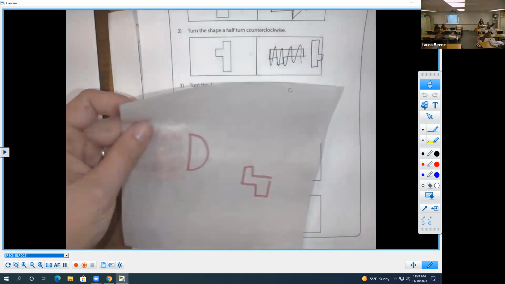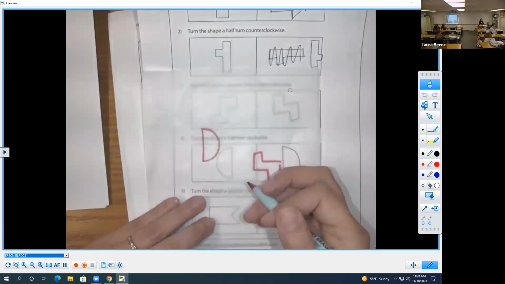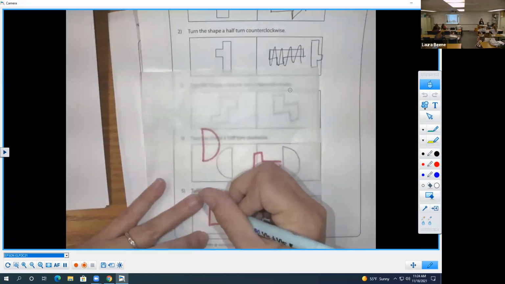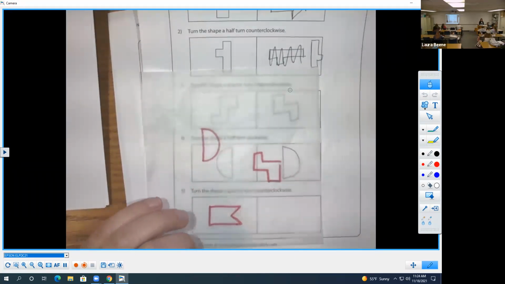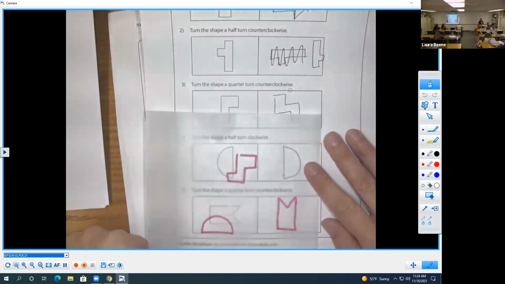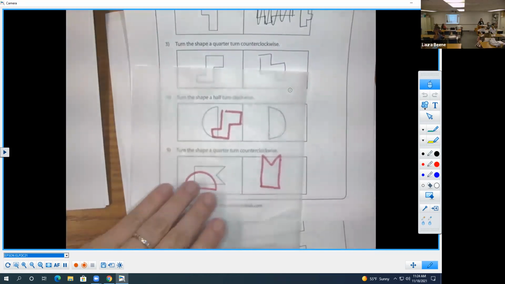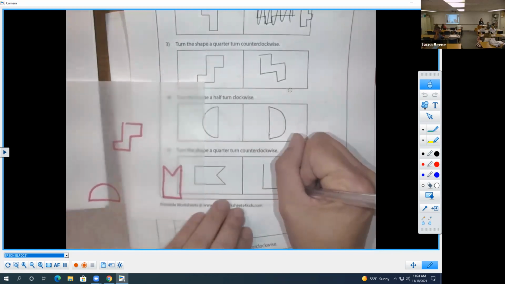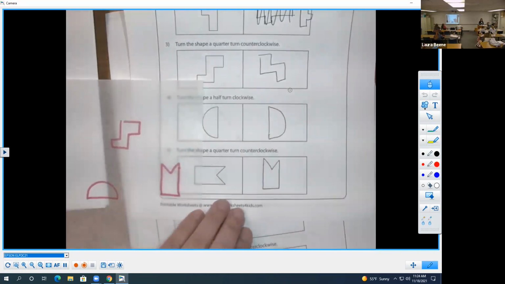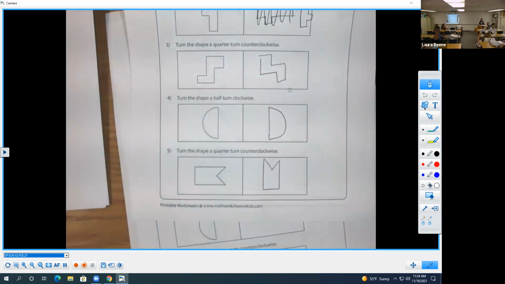And then the last one, take a second to do that, a quarter turn counterclockwise, maybe that. Something like that. Questions about that? Good with that?